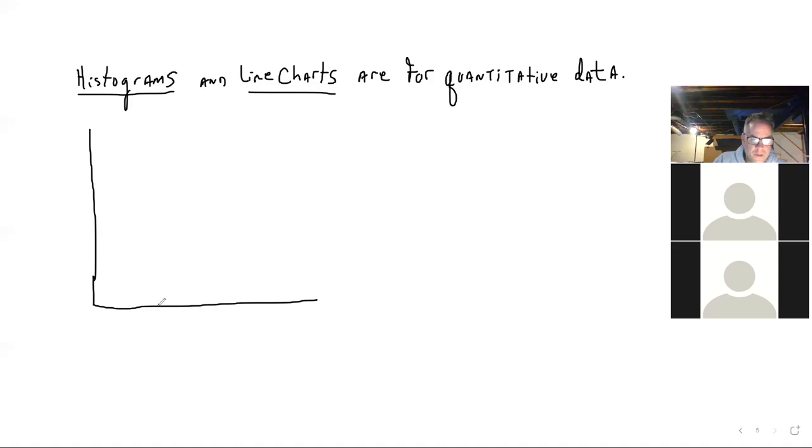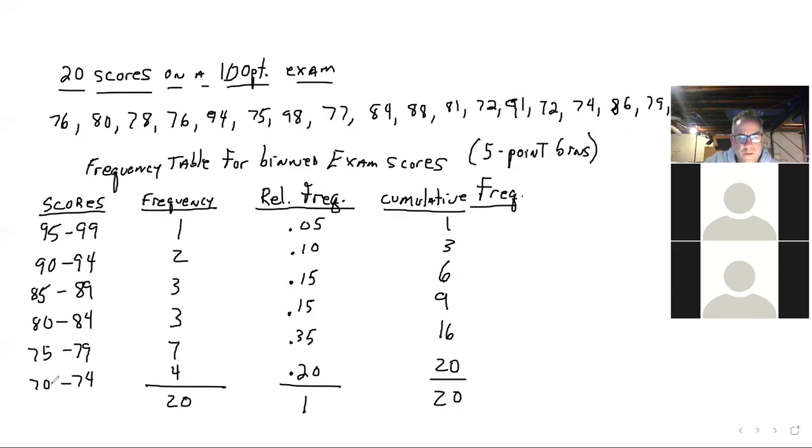And then on the horizontal, I'm going to put those bins. Now, the bins, if we remember, I'm going to flip back to that. These were the bins: 70 to 74, 75 to 79, 80 to 84, etc.